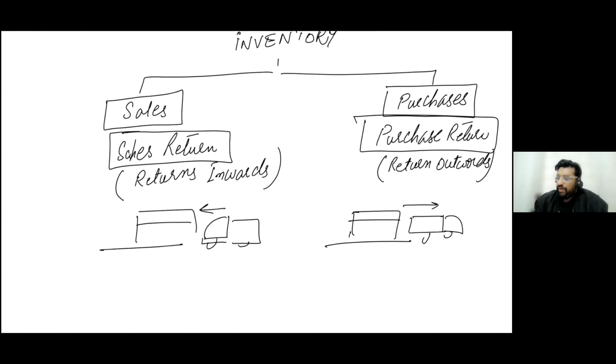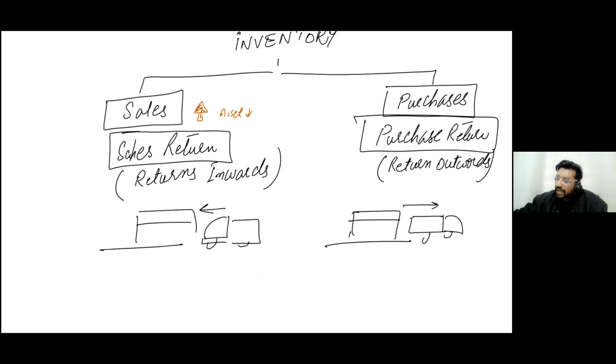Okay? So when I'm doing sales, my inventory is decreasing. Which means my asset is decreasing. So I'm going to credit it.